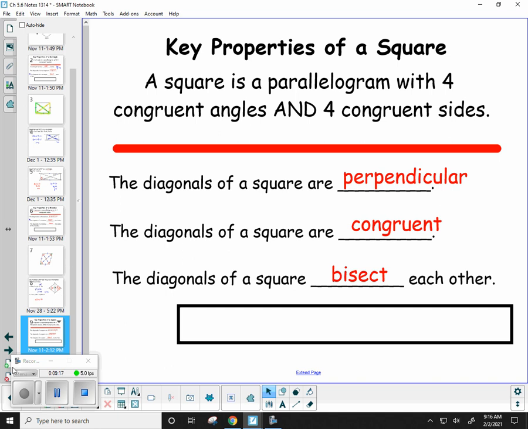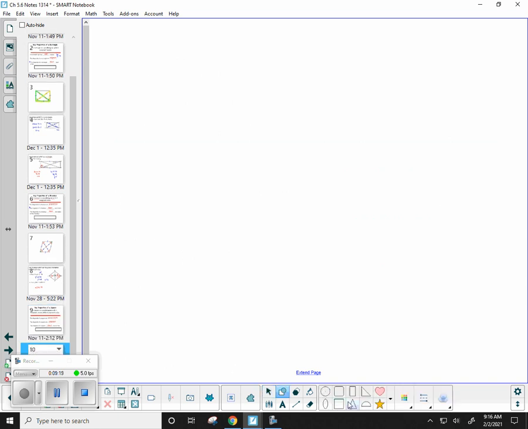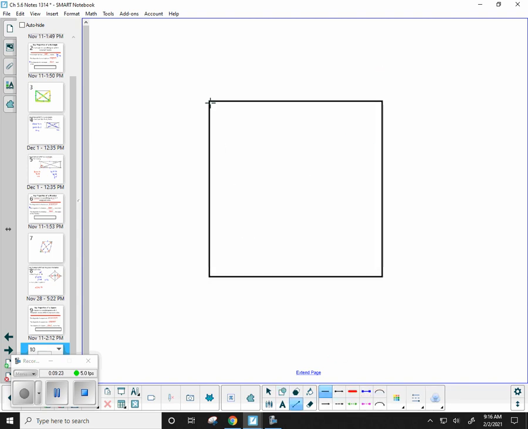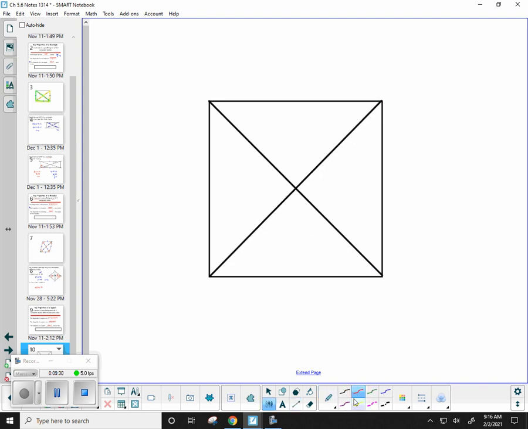Here's the neat thing that happens with squares. Here's my square, and I have my diagonals here. Keep in mind we have 4 congruent sides, and we know that we have right angles. The diagonals are congruent and they bisect each other, so we have 2 tick marks on all of those.